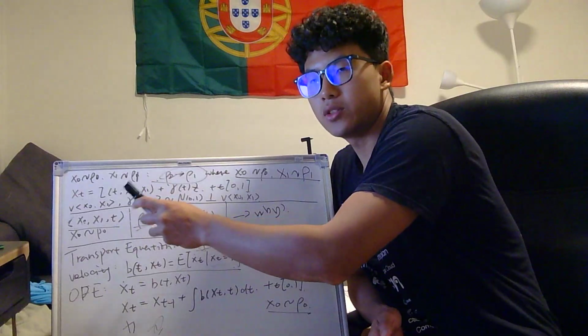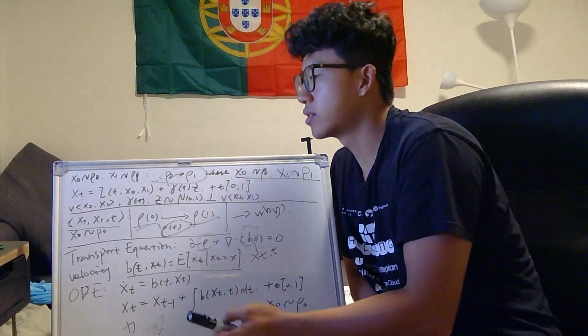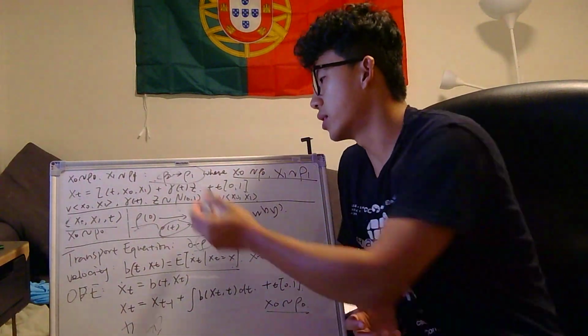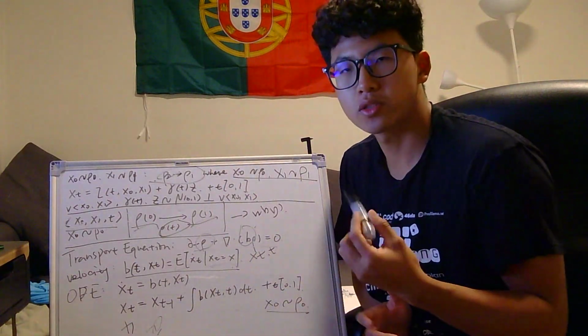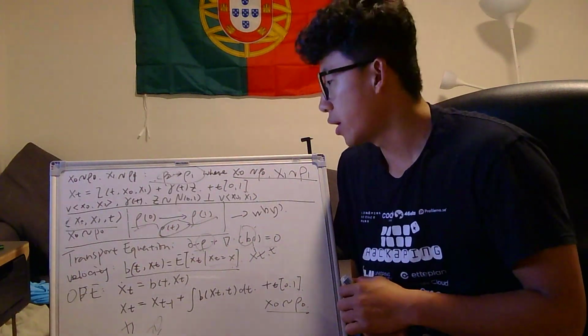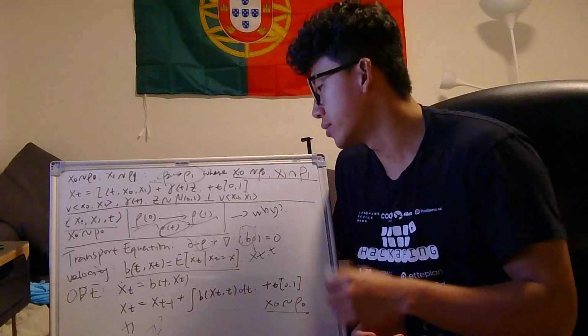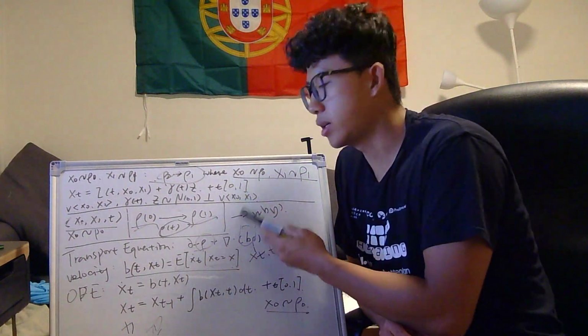There's a thing to be noted that x0 and x1 are actually jointly distributed. Meanwhile, gamma t is a function about t, and z is a normal distribution, and it is independent of the joint distribution of x0 and x1.